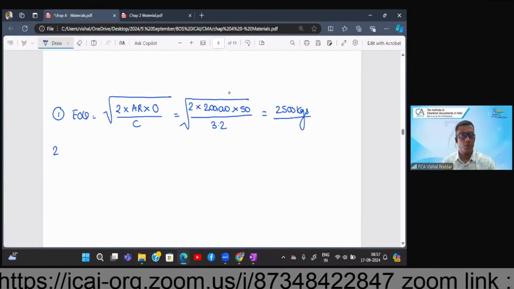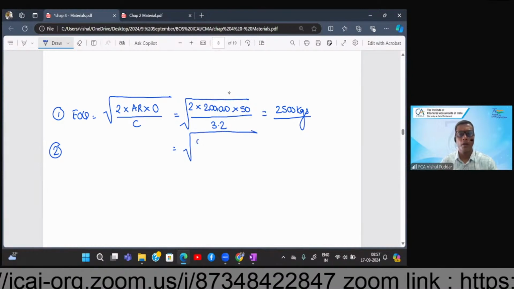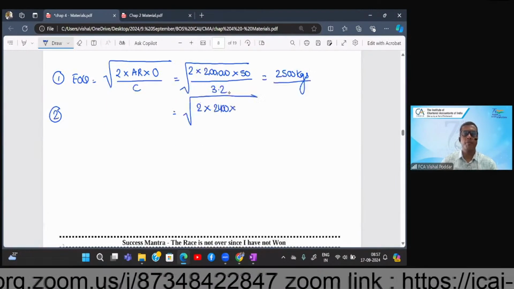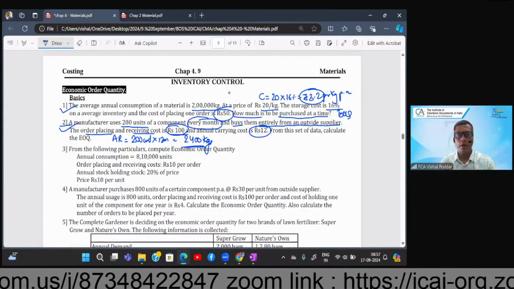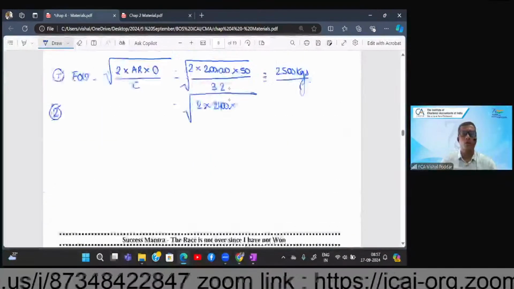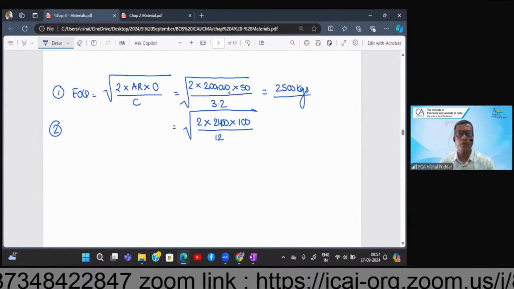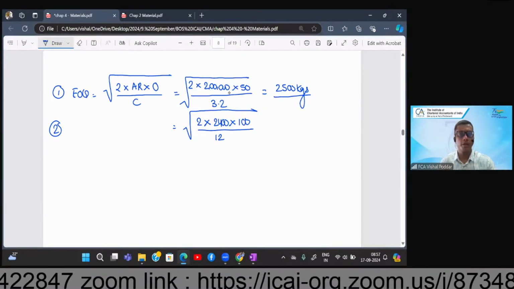So for my second question, EOQ will be under root 2 into 2,400 into ordering cost 100, upon carrying cost 12. Carrying cost is already given. It is not in percentage, so I need not multiply it by price. It is already given as 12.